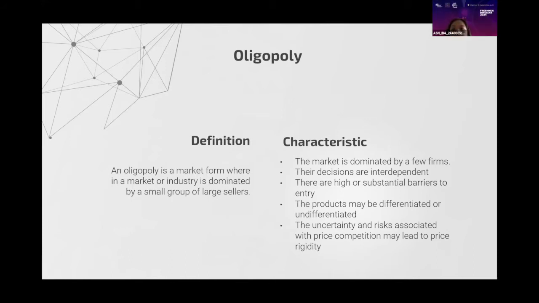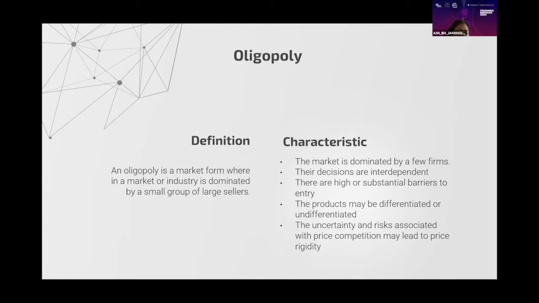Okay, so the next one is oligopoly. So what is oligopoly? Oligopoly is a market form where a market or industry is dominated by a small group of large sellers. So these are the characteristics, as you can see there. The first one is the market is dominated by a few firms, and then their decisions are interdependent, and then there are high or substantial barriers to entry.